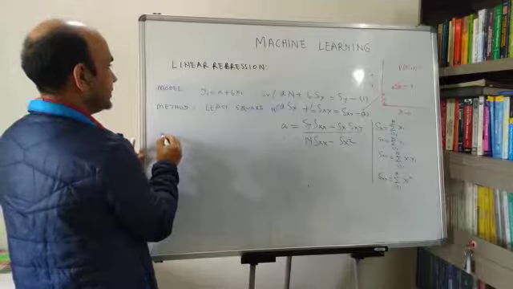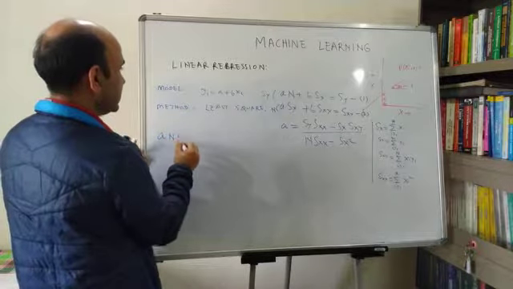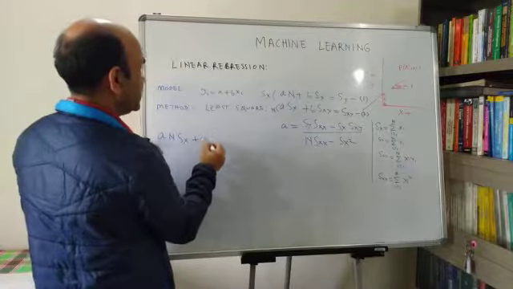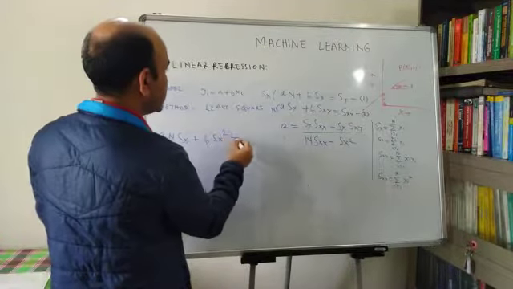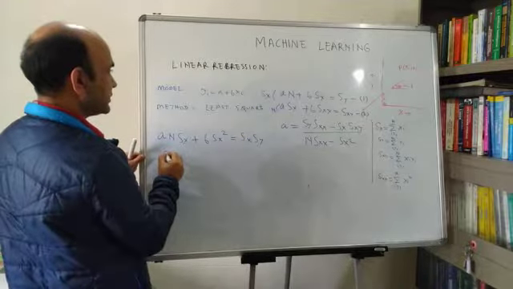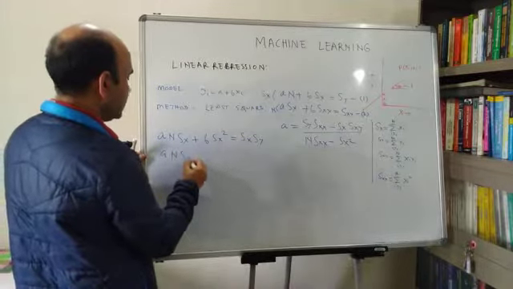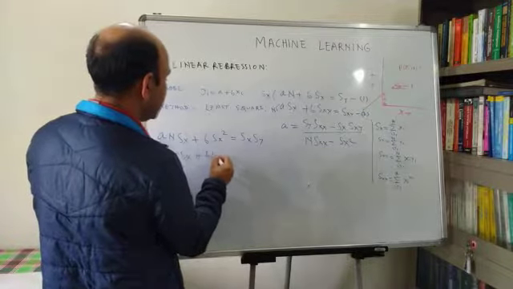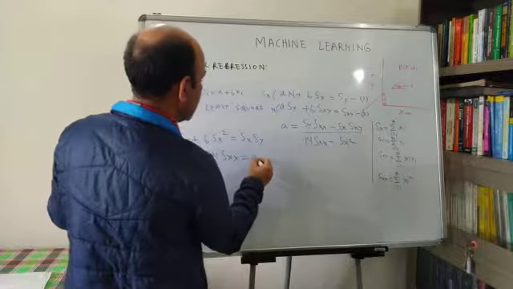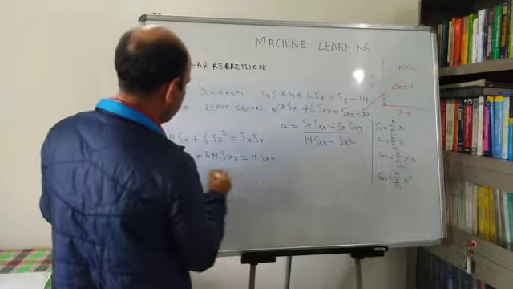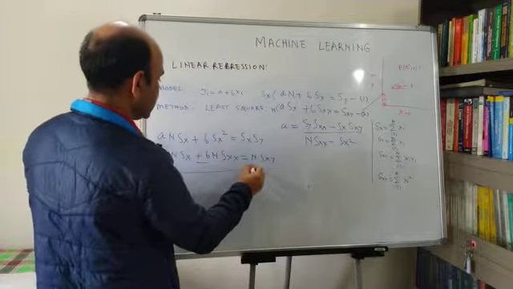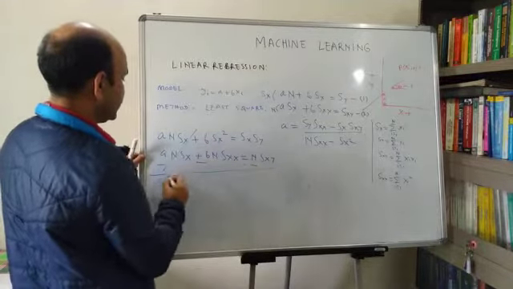So we have a·n·sx + b·sx² = sx·sy, and here it comes a·n·sx + b·n·sxx = n·sxy. Now a is eliminated.